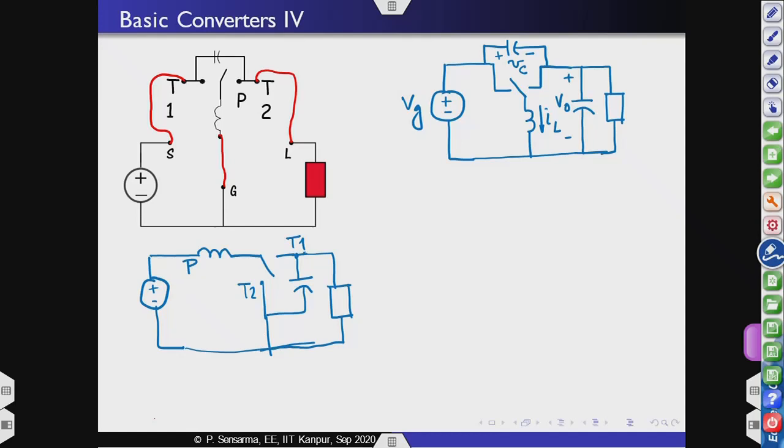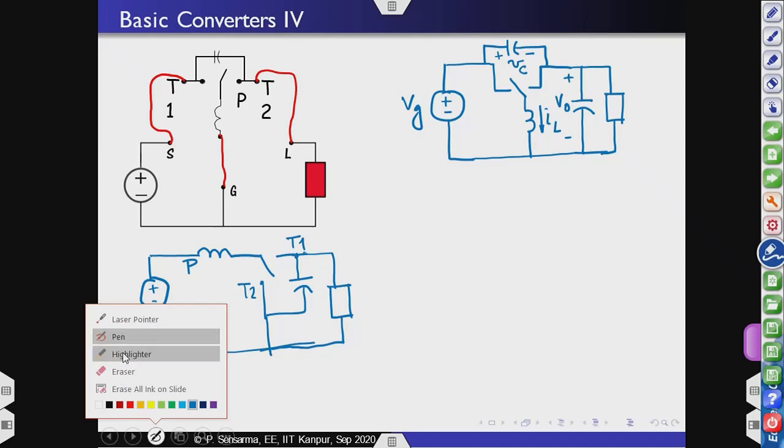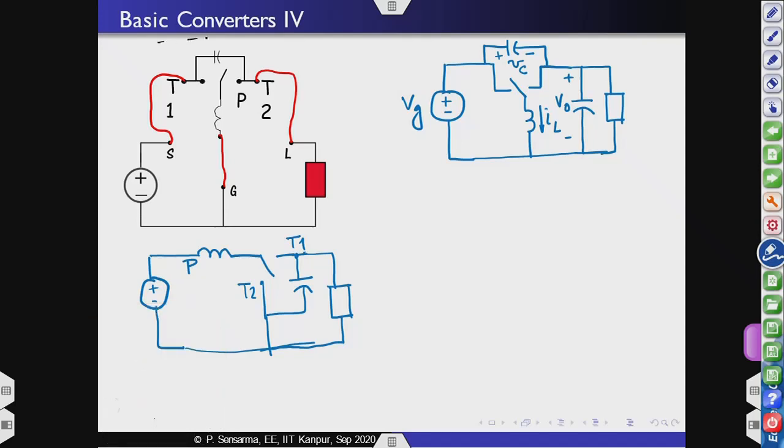So, if this entire SPDT capacitive switch cell is turned clockwise by 90 degrees, this is the corresponding configuration that you would get.